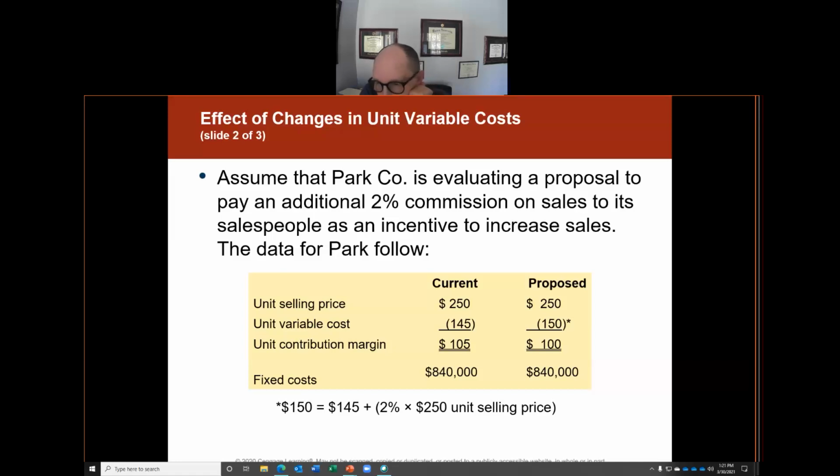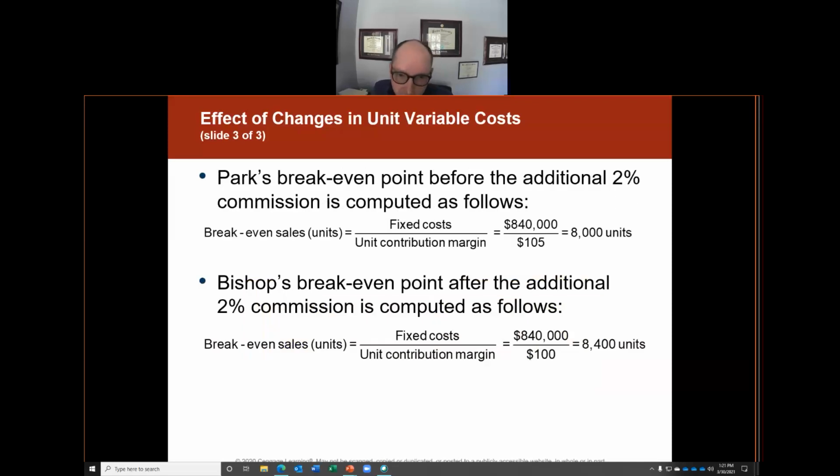I just moved my 145 to 150. $250 sales price minus 150 variable cost, my unit contribution margin went down to 100. Fixed costs remain the same. So currently, I need to sell 8,000 units: 840,000 fixed cost divided by 105 contribution margin is 8,000 units.